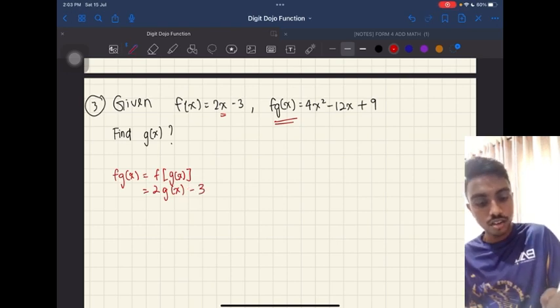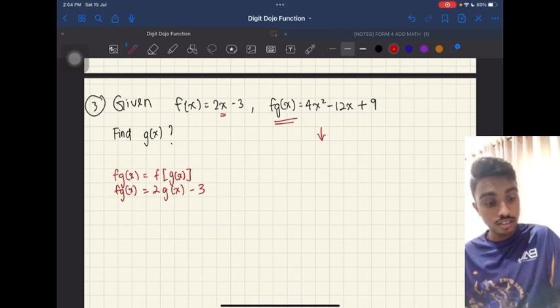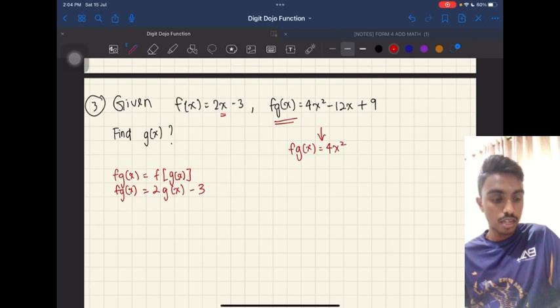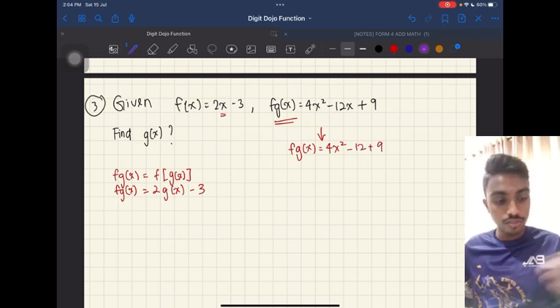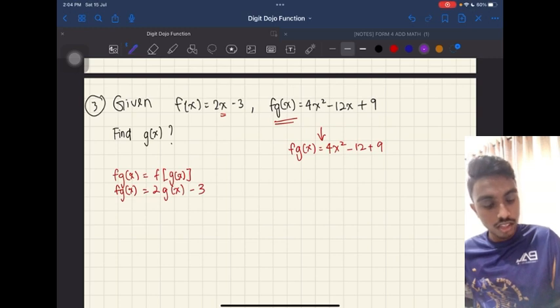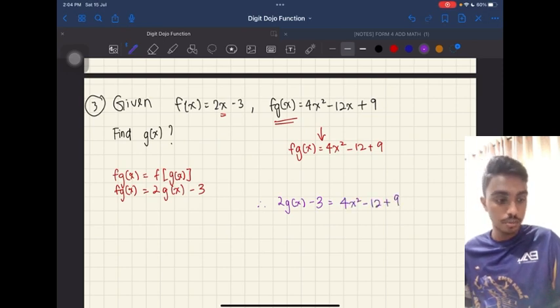So your new fg(x) is 2g(x) minus 3, and the fg(x) they gave is 4x squared minus 12x plus 9. So you can compare both of them now. This means 2g(x) minus 3 equals 4x squared minus 12x plus 9.